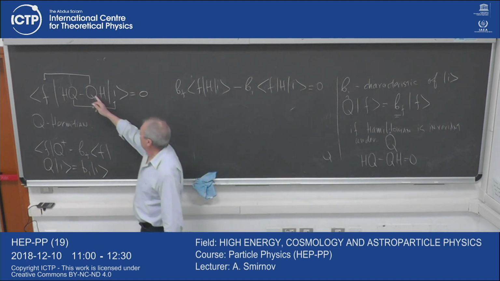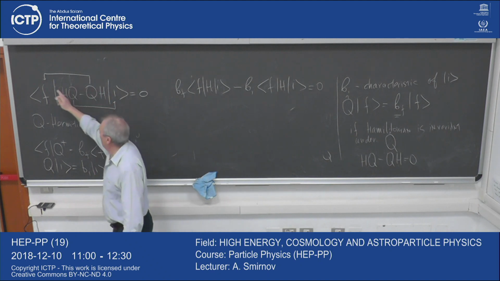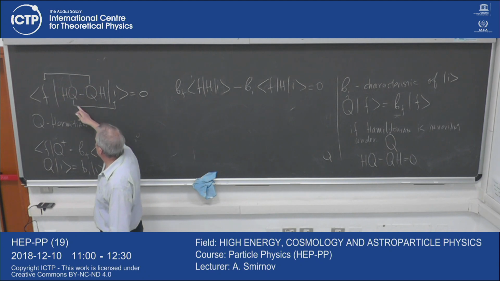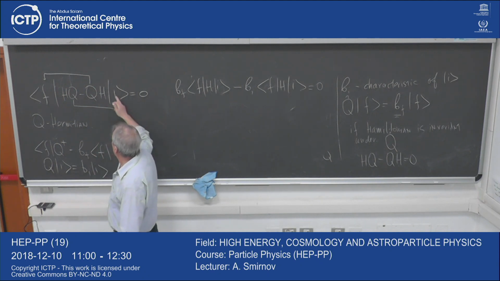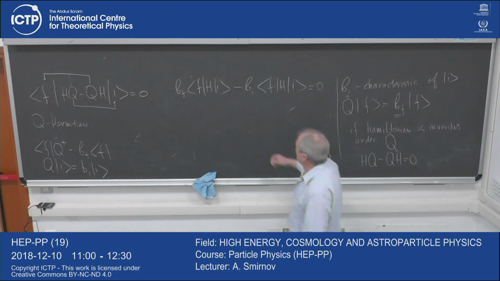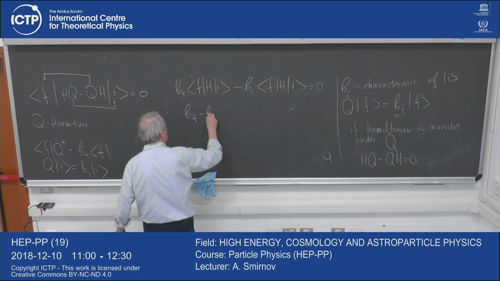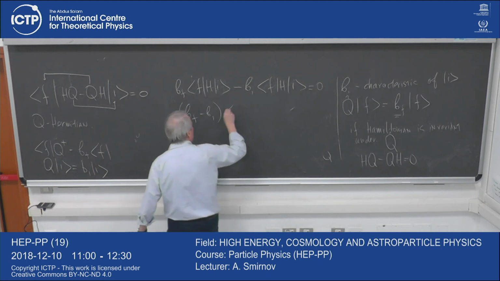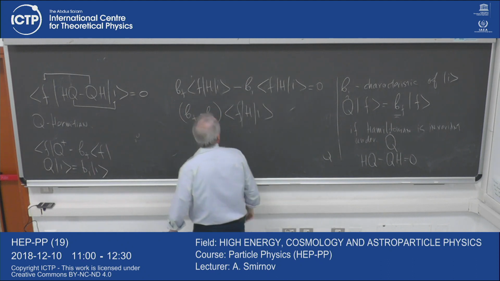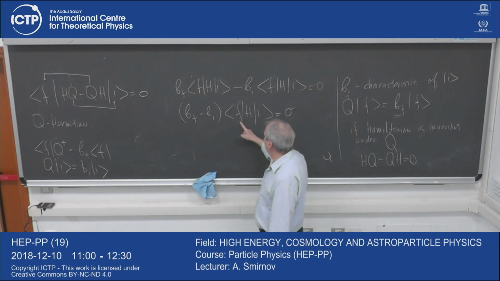So two terms. In this one, I'm acting by Q on F because it is attached to F, right? So on this side. This I act on I and get these results. And so I can rewrite this equation as BF minus BI times F H I equals 0.